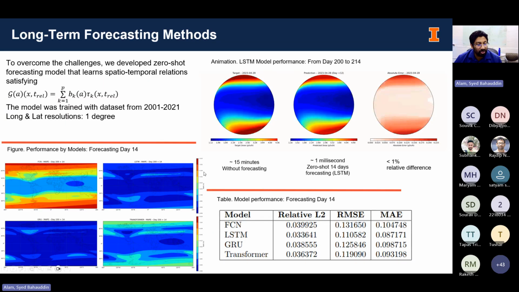He did a good job. He extended it to around 14 days of forecasting with sufficient accuracy, and he wants to extend that to a month or so. But I think more refinements are needed to expand that work, and we are working on that now.